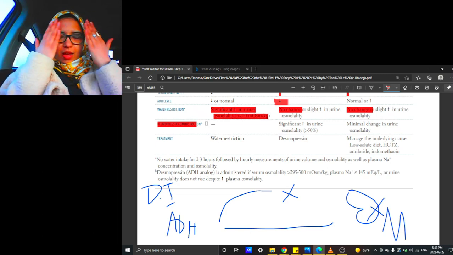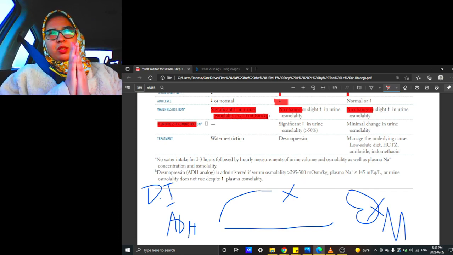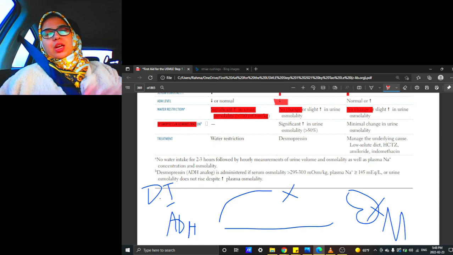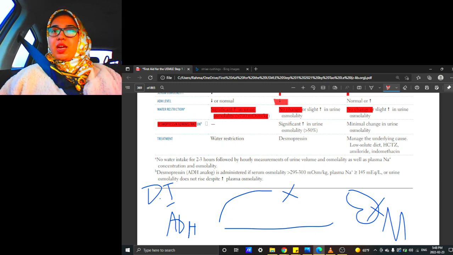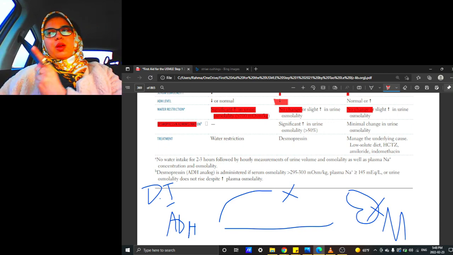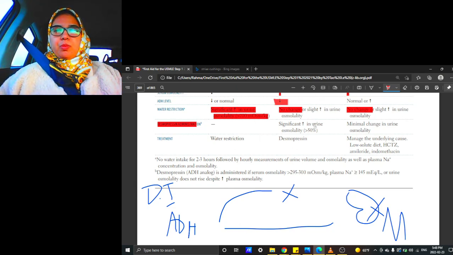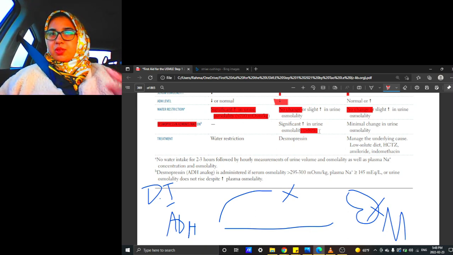Now, without looking at the chart, if I have central diabetes insipidus, which is caused by decreased production of ADH, and then I give this patient ADH analog called desmopressin, the osmolality of the urine is going to increase because I just gave them the thing that they don't have, which is ADH. ADH is going to go and put in the aquaporin channels. It's going to pull that water out from the urine, put it in the plasma, and now the urine is going to be concentrated.